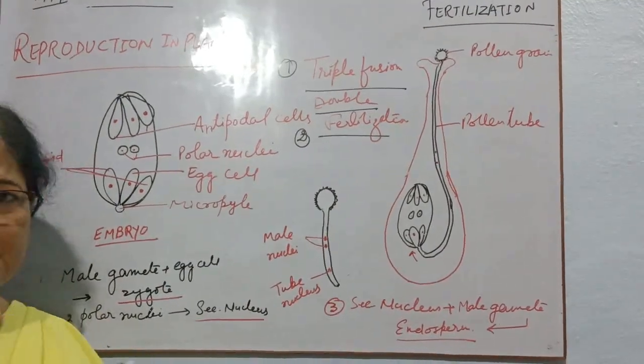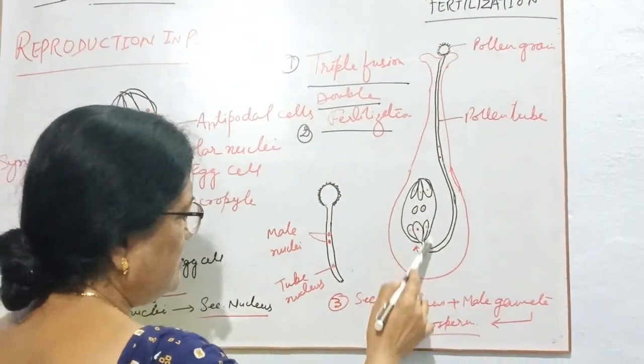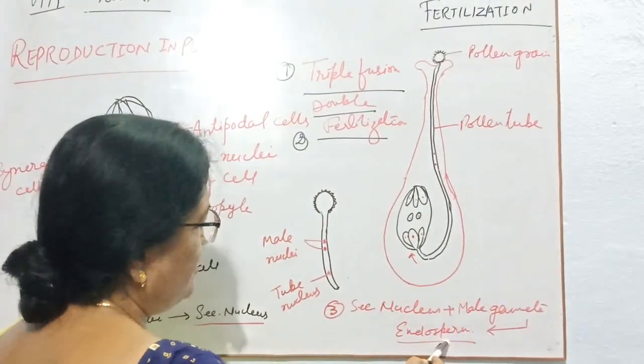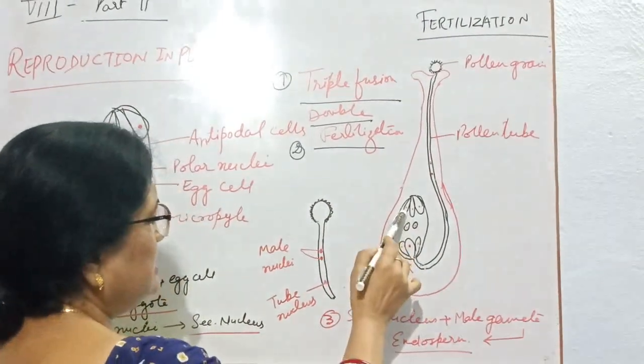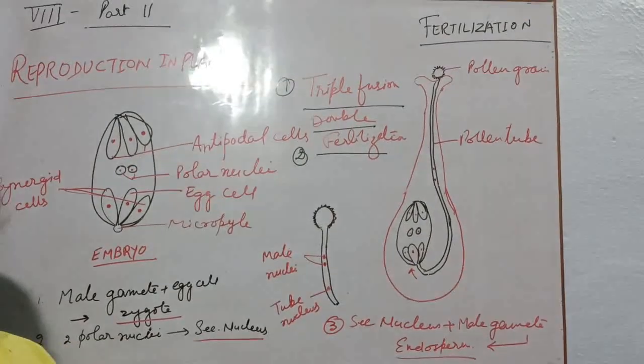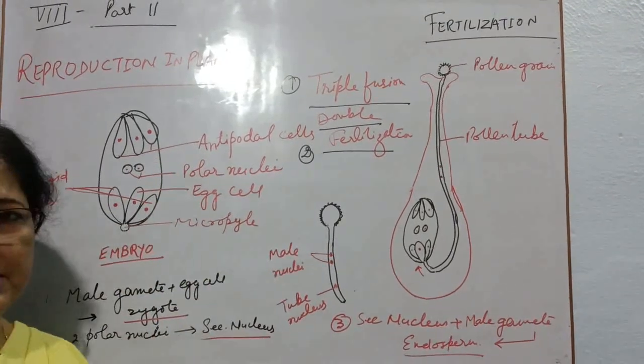So there will be one cell. Then the secondary nucleus will combine with another male gamete and form the endosperm. So these are the steps that take place during fertilization in plants.